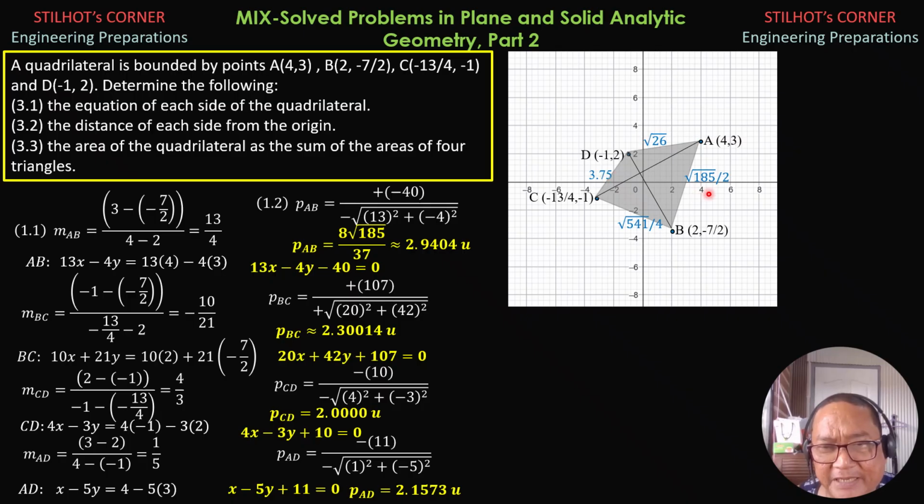So square root of 185 over 2 for AB, square root of 541 over 4 for BC, 3.75 for CD, and square root of 26 for AD. Of course, square root of 26, this distance, because this is 5 units and that's 1 unit. So it's correct.